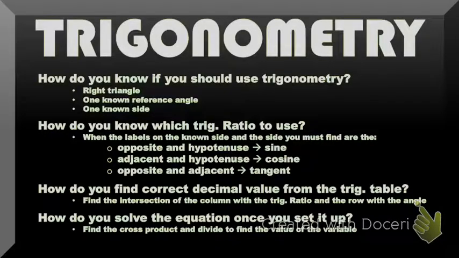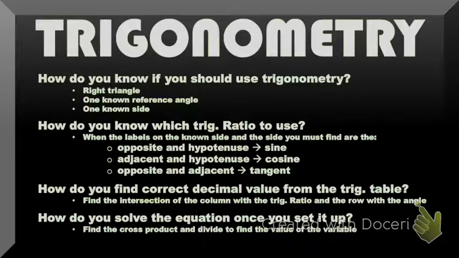Here are the 4 questions from the beginning of the video. How do you know if you should use trigonometry? You can use trigonometry to find the missing side of a right triangle as long as these 3 conditions are met. It must be a right triangle, you must know one reference angle, and you must know one side.